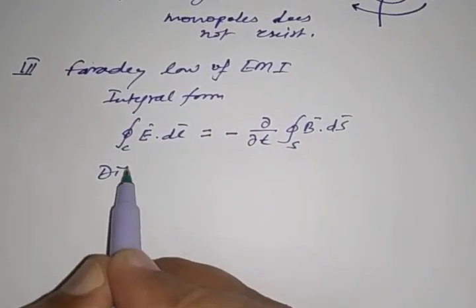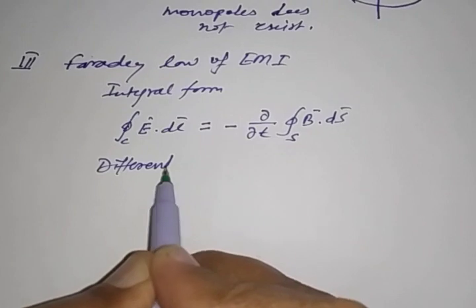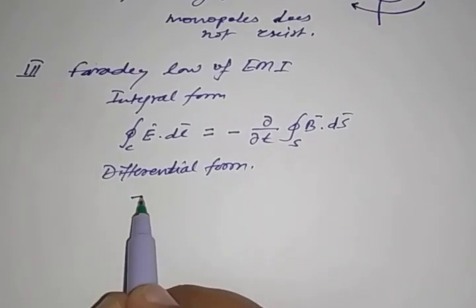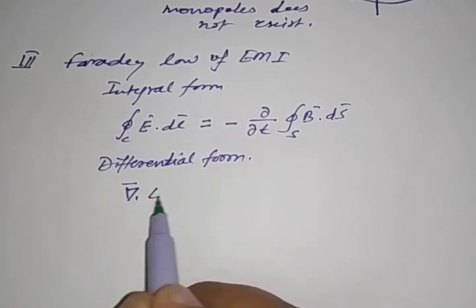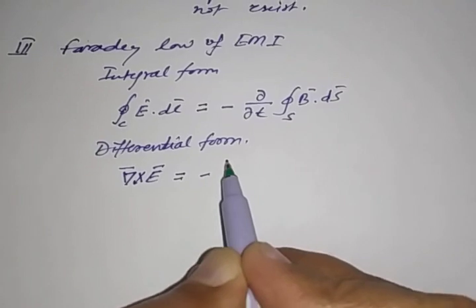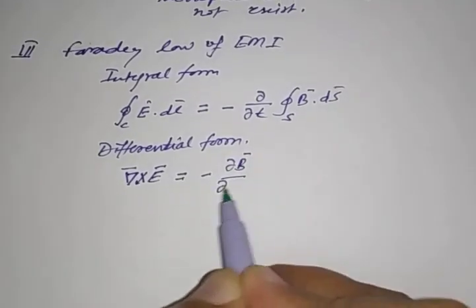And if we see the differential form, it comes out to be del cross E is equal to minus del B by del t.